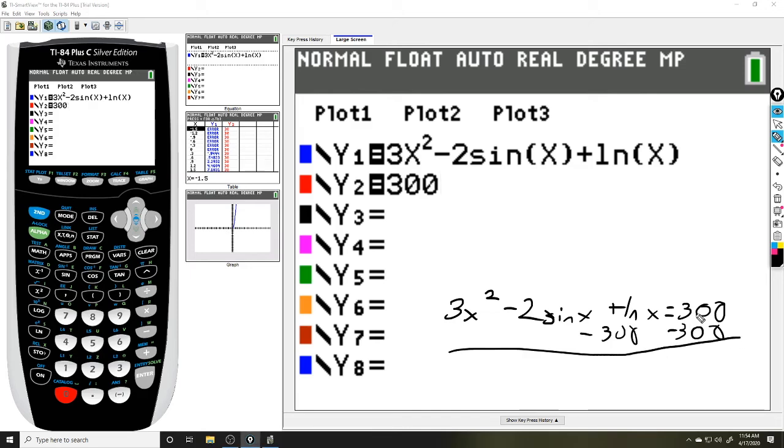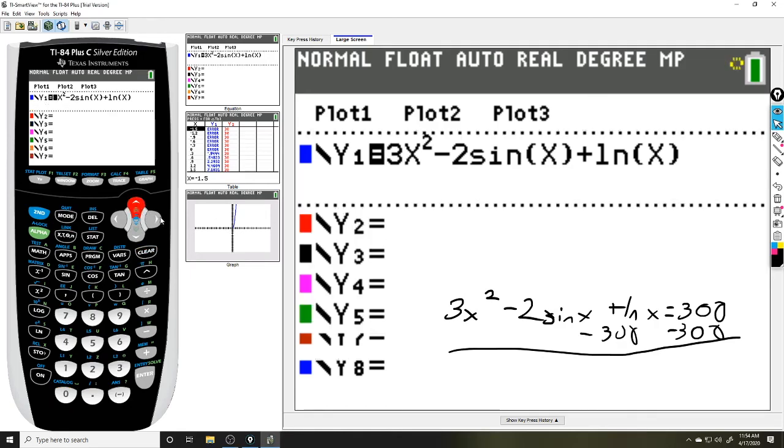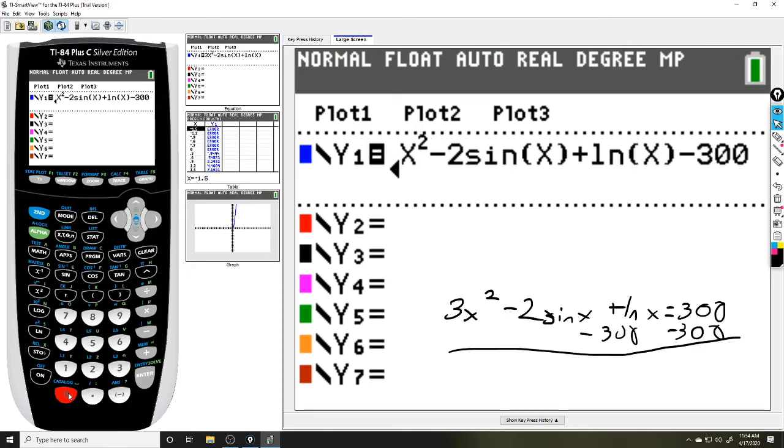And so that would give us, just putting into y1, the same thing, but minus 300. And then what we would need to do is find the 0. Because then we're finding when this function equals 0.